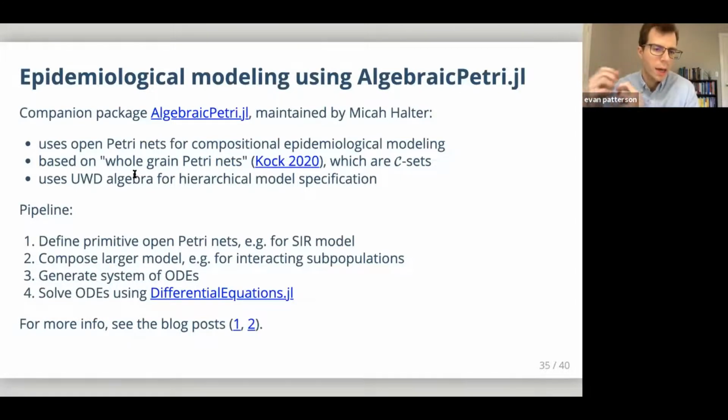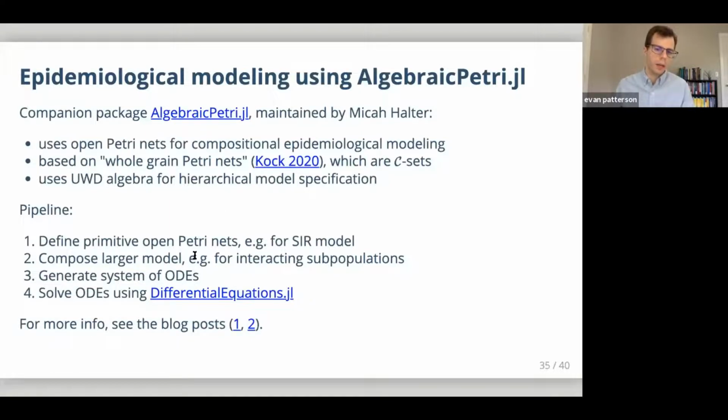Okay, so an outline of the modeling pipeline is this. You start by defining some primitive open Petri nets that are going to be the building blocks of your model. So it might be an SIR model or an SEIR model. And then you compose your larger model out of these using the UWD algebra.